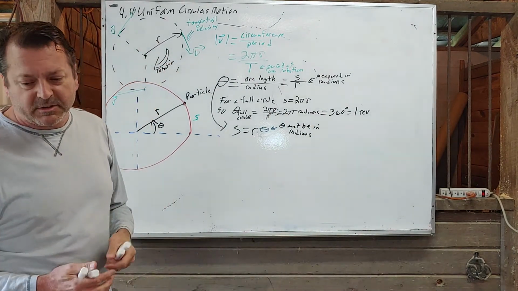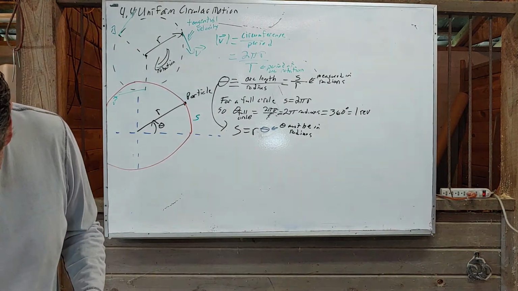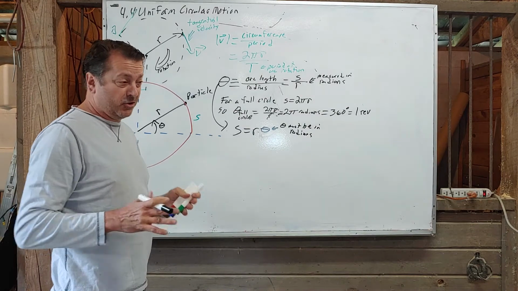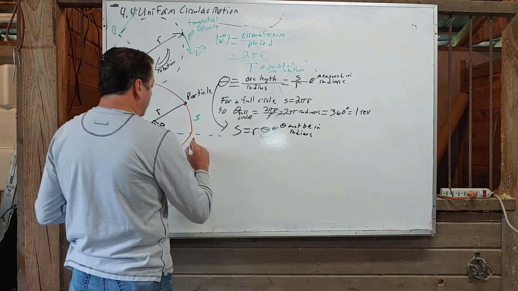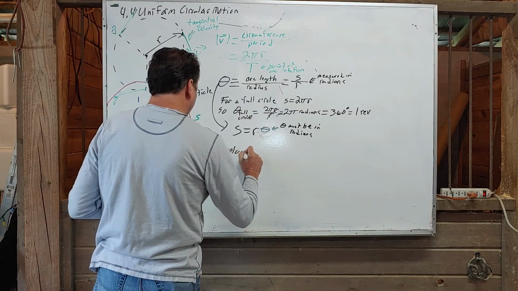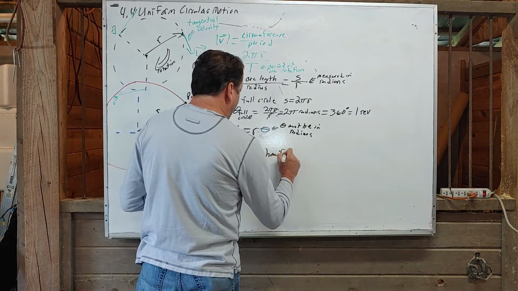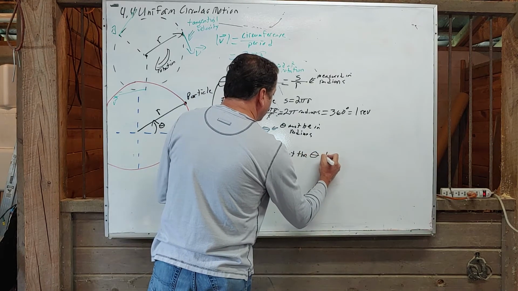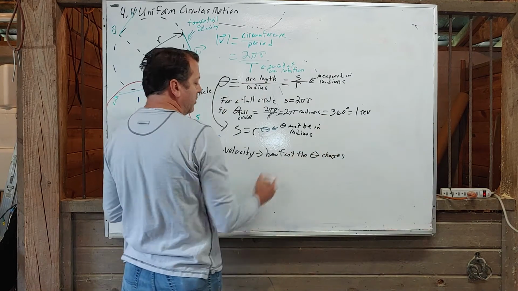Then we went into velocity. So here with angle, we don't have velocity, just straight line. We've got how much the angle changes. So we're going to talk about angular velocity. Okay? It's how fast the theta, or angle, changes.